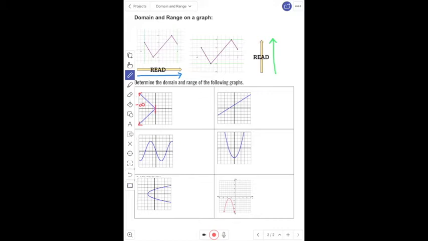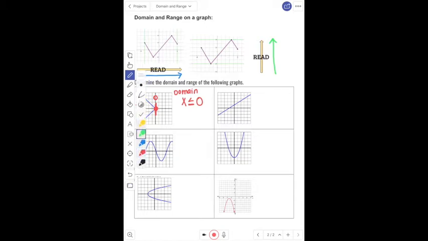And I'm stopping right here at the x value of 0. So it's everything that is less than 0. So x is less than or equal to, the reason it's equal to is because there's a point there, 0. So my domain is everything less than or equal to 0.